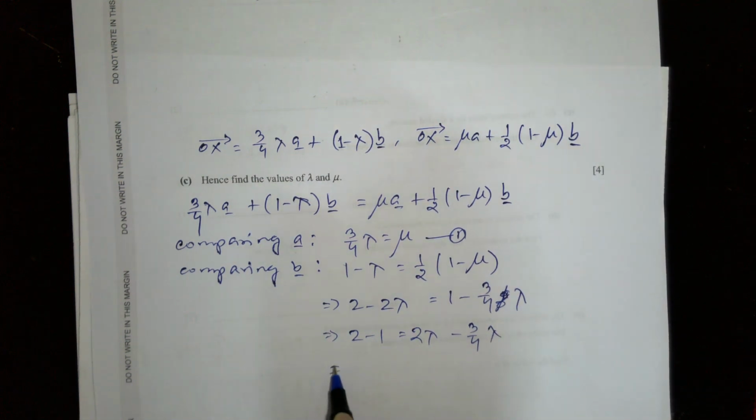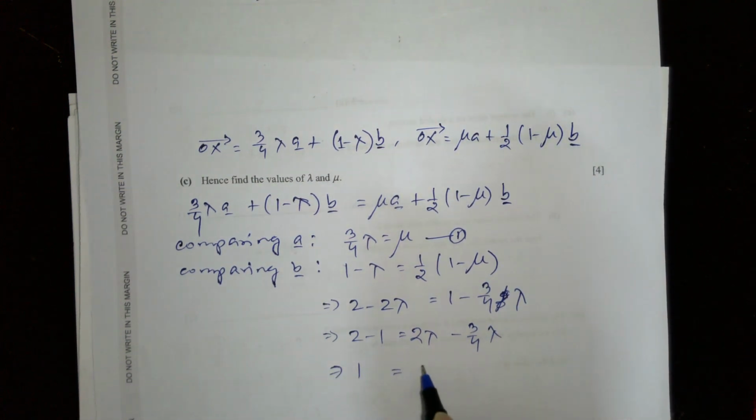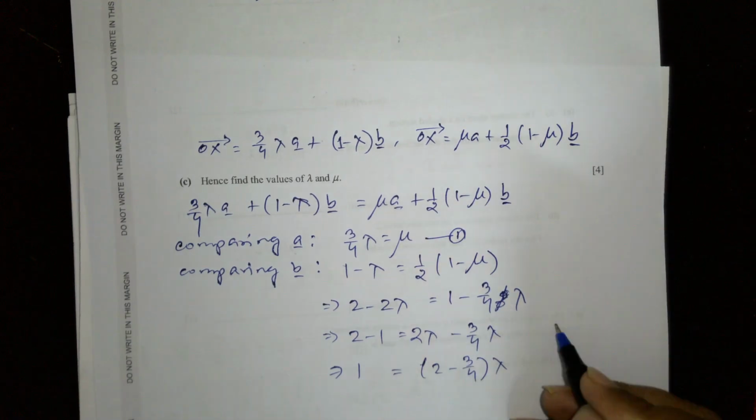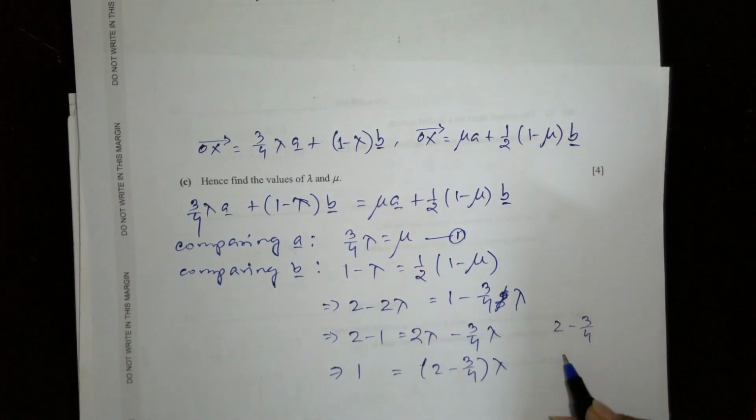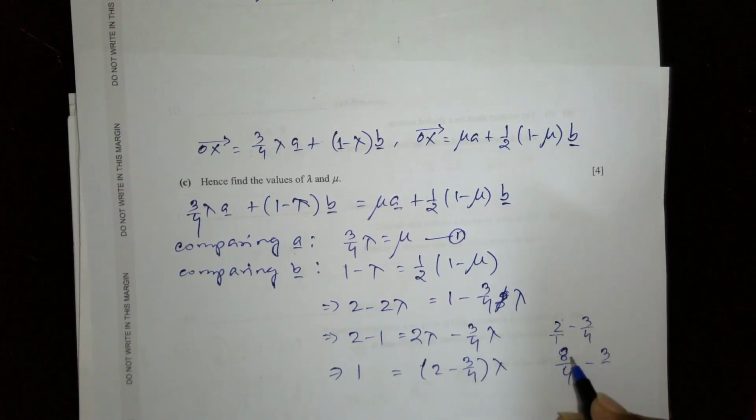So 1 is equal to 2 minus 3/4 lambda. What is 2 minus 3/4? If we multiply the numerator and denominator by 4, we get 8 over 4 minus 3 over 4. Now we have the common denominator and the result is 5 over 4.